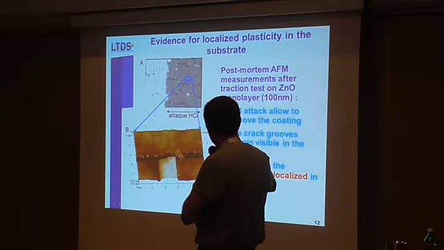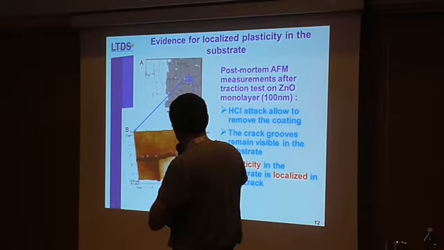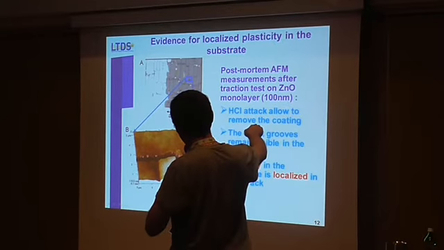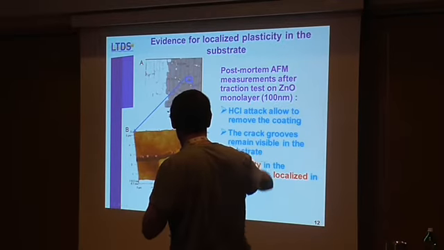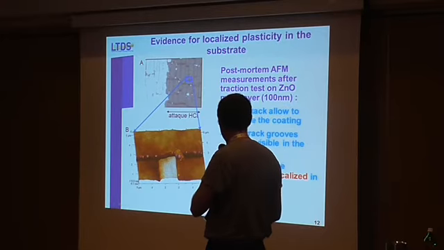As you can see, we still see the crack grooves. If we do AFM measurement in these grooves, you can see that there is a groove just below the previous position of the crack, which means that this is only due to plasticity.